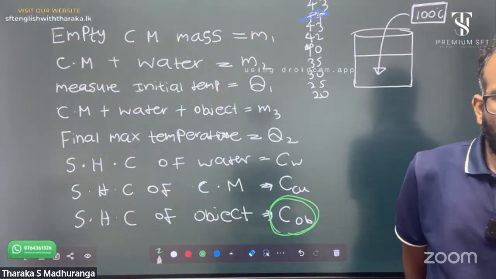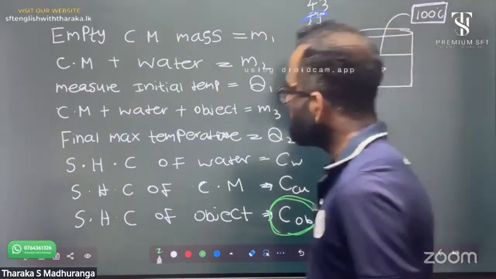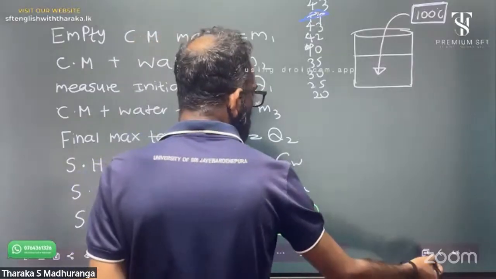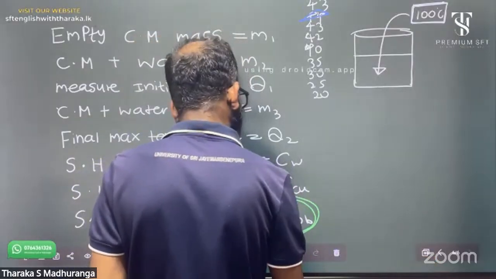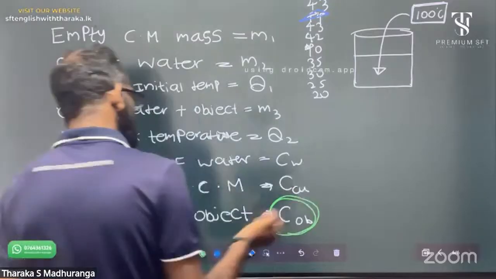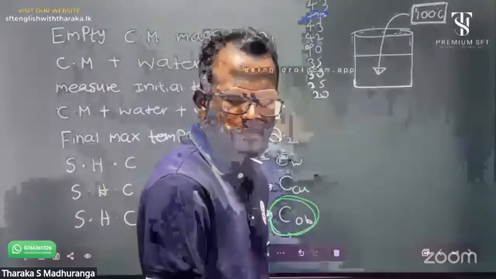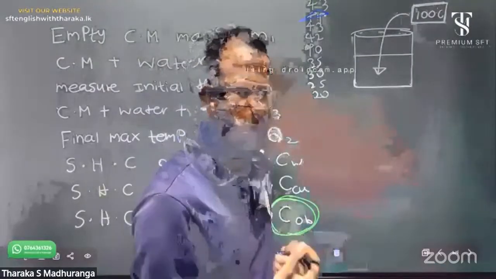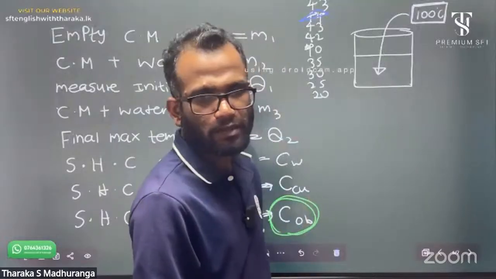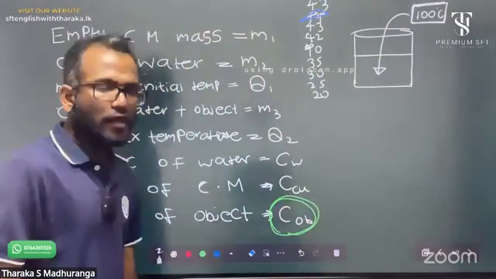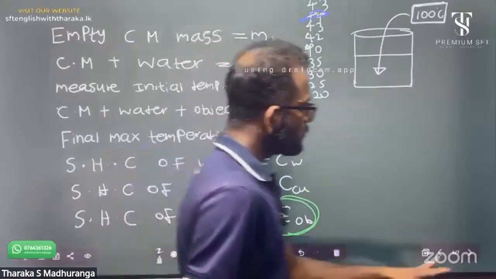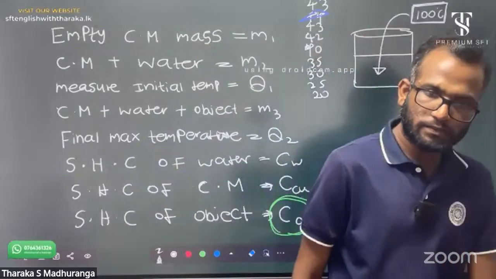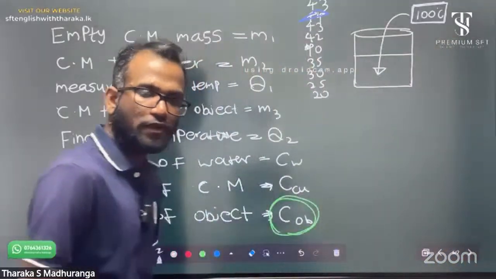Now you already know the mixture method. I just did a simple mixture method experiment and got some measurements. Now you can get the specific heat capacity of an unknown substance.